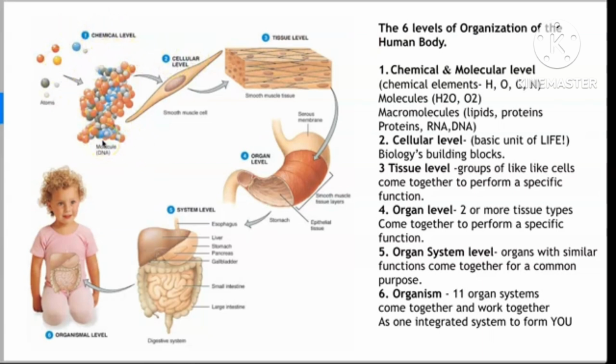Some common chemical elements that we are going to see throughout anatomy and physio are hydrogen, oxygen, carbon, and nitrogen. Those are the biggies. They are going to combine to form molecules: H2O, 2 hydrogens, 1 oxygen, or O2, regular old oxygen.